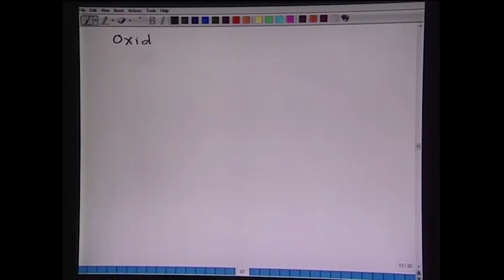So, continuing with the last lecture, let us take some examples of oxidic refractories. I will take few examples. For example, the most commonly used refractory is fire clay.